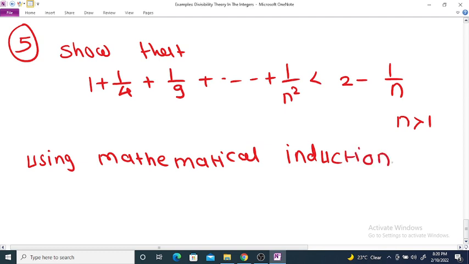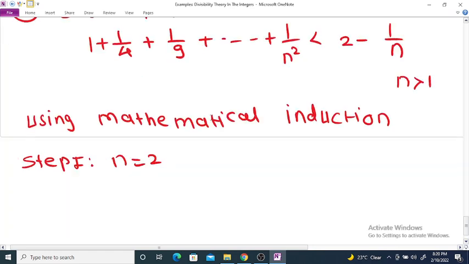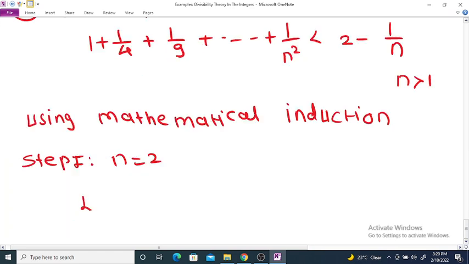Step 1: here n greater than 1 means the base step is n is equal to 2. For n equal to 2, on the left hand side it is 1 plus 1 by 4, and on the right hand side it is 2 minus 1 by 2.